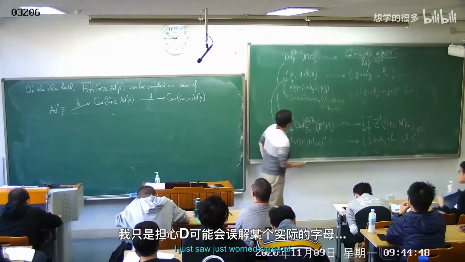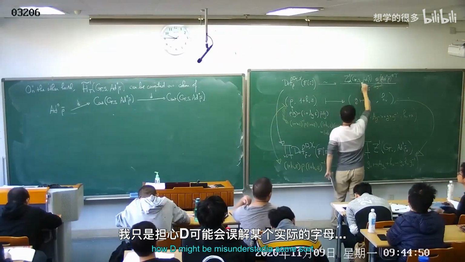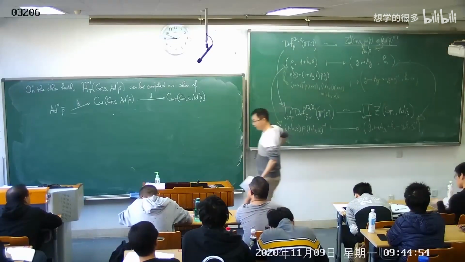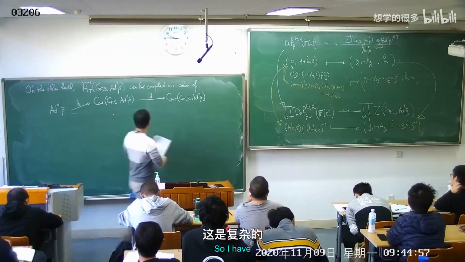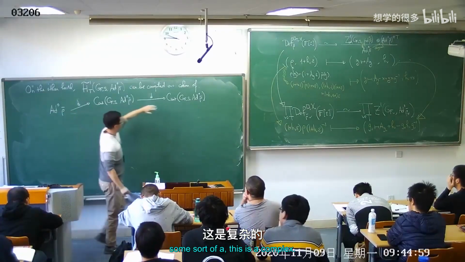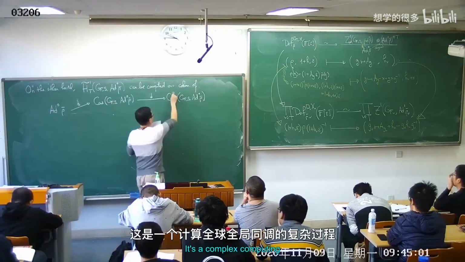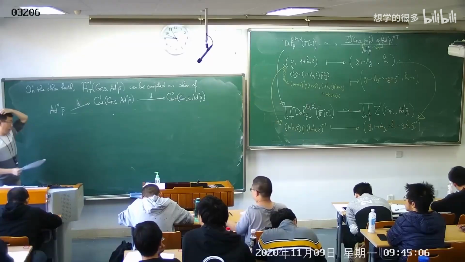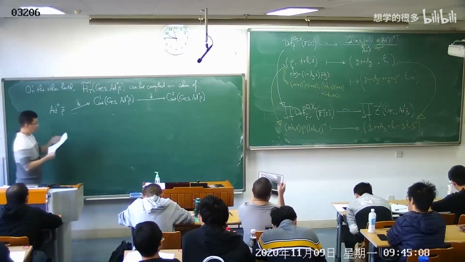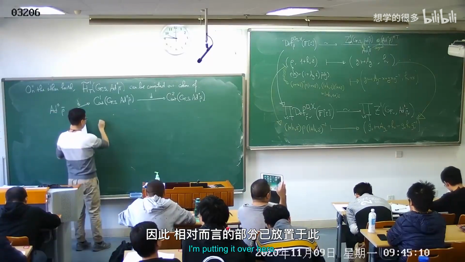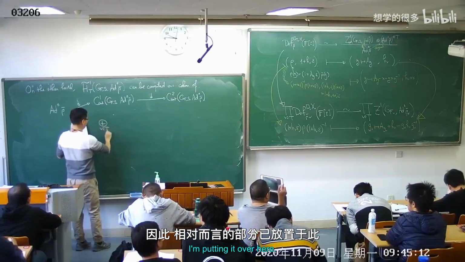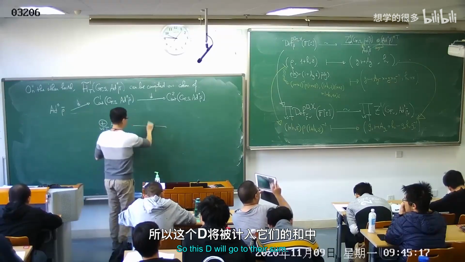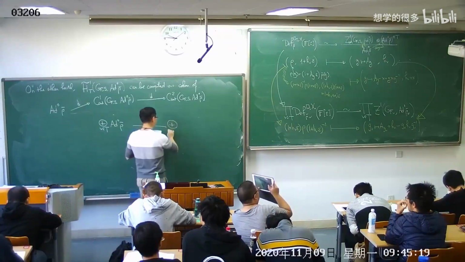I just worry D might be misunderstood as some sort of actual letter. Okay, so this is a complex computing the global Galois cohomology. And we're talking about the relative thing. So for the relative one, I'm putting it over here. That's how things are defined. So this D will go to the direct sum.